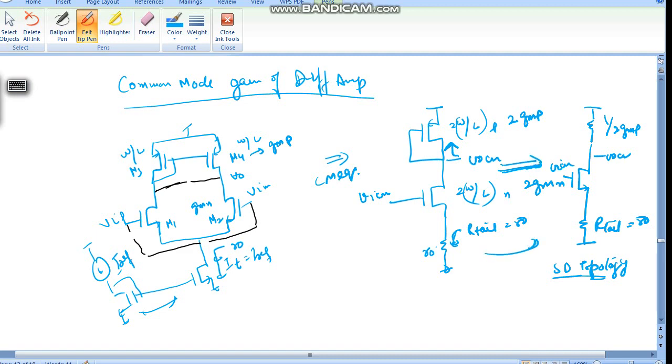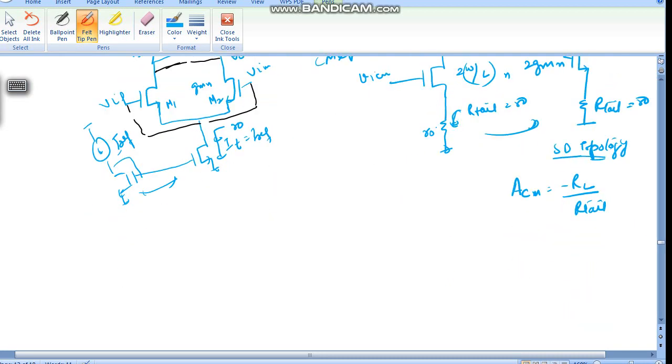From here to here, and for this the gain ACM is, say this is RL equals this, so this will be minus RL by R tail.